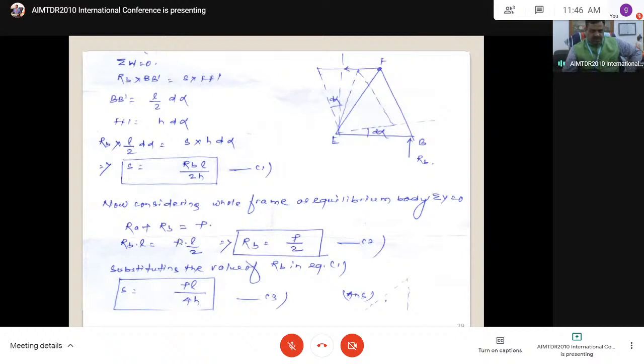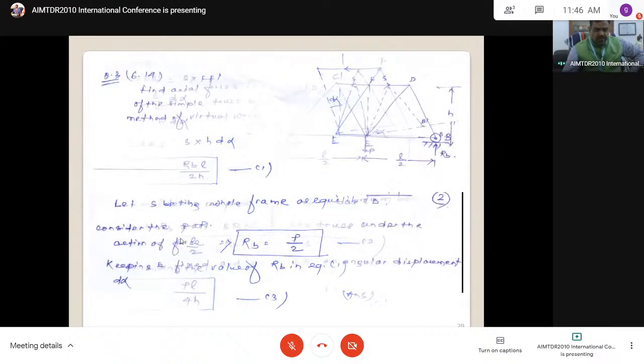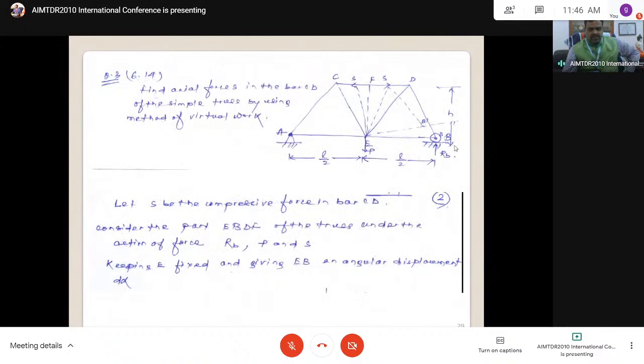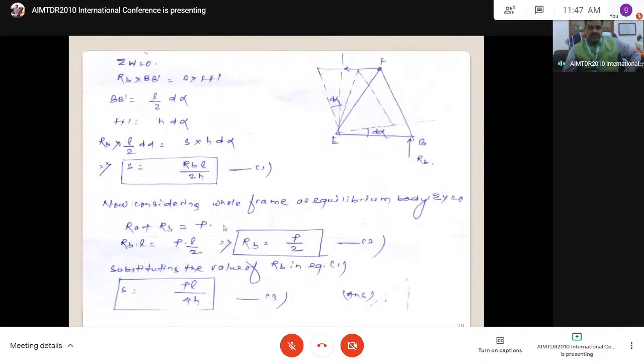Then take the moment equation, about this point or about this point. Here Ra with respect to this point: Rb into total L, P into L by 2. This is counterclockwise and this is clockwise. So this is Rb into L. Now two equations, two unknowns. From this, L will be cancelled, Rb is equal to P by 2.